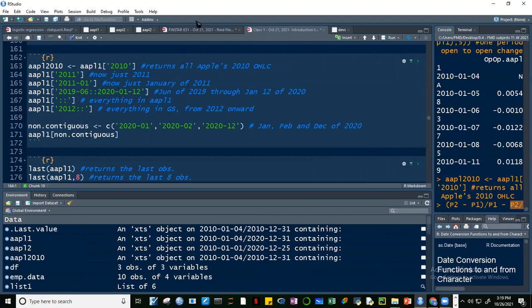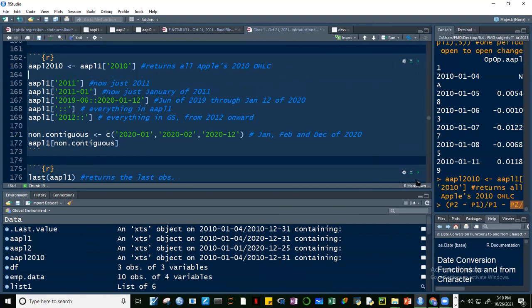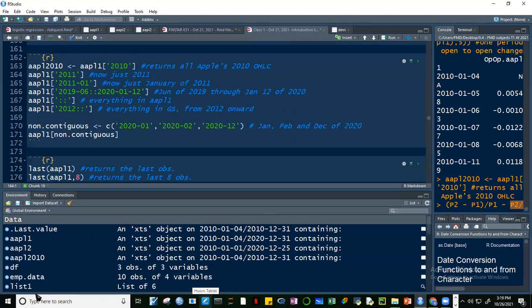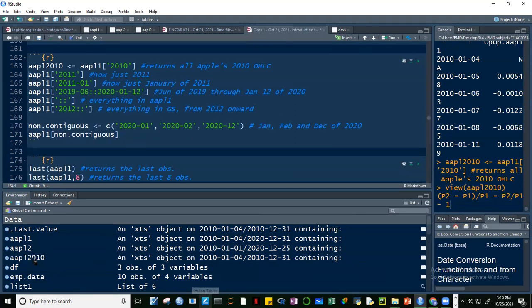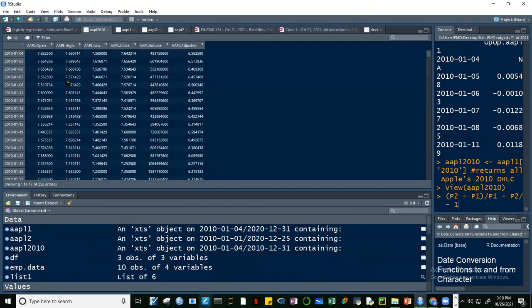If I want to see this in the tab here, let's just use view, or just click this. Let me not type view. I'll just click this Apple 2010, and automatically it will generate this.